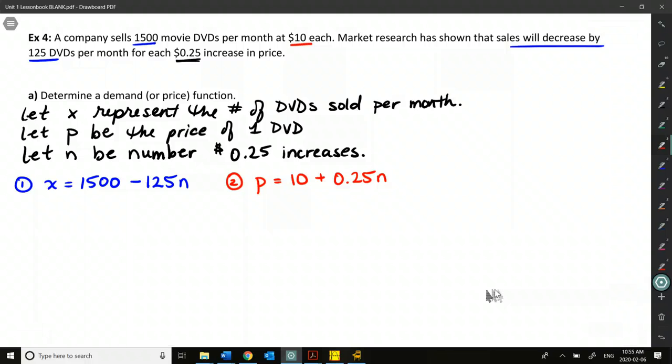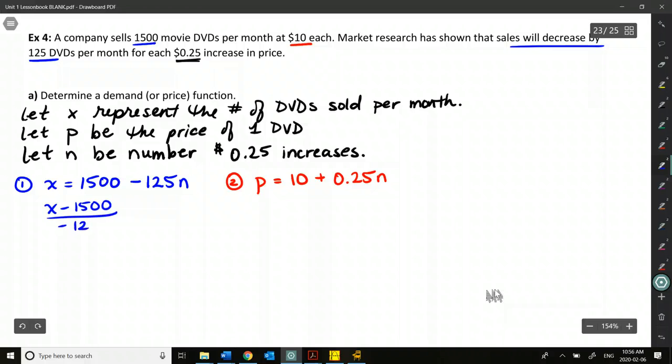If I want P in terms of X, I can rearrange equation 1 to get N by itself and just plug it in for the N in the second equation, so that I have P in terms of X. That will give me a function P at X, so price in terms of number of units sold. So I'm just going to rearrange equation 1 to get N by itself, and then I'm going to sub it into equation 2 for N.